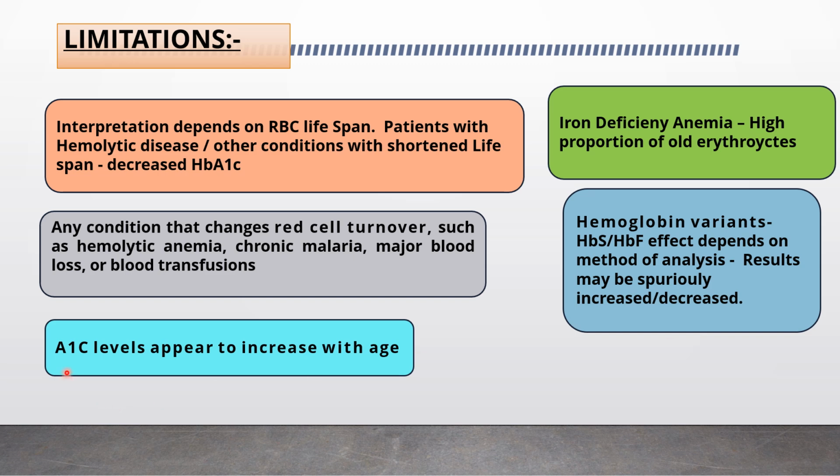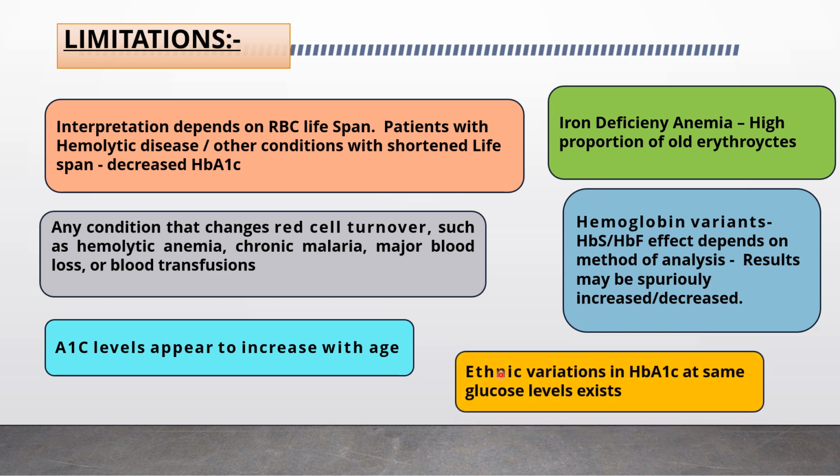Also, we have seen that A1C levels appear to increase with age, so targets should be age related, not generalized. And finally, ethnic variation is also observed in HbA1c levels at the same glucose levels. They may be different for a person of African origin, different for an American or an Asian origin person. So these are the limitations of this test.